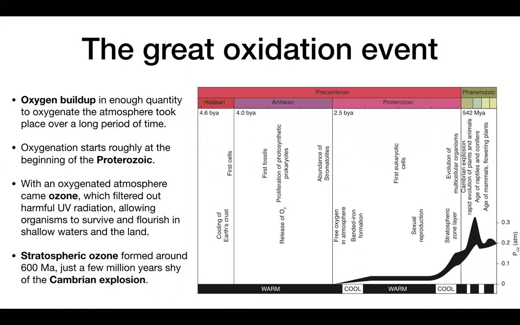Photosynthetic cyanobacteria, a type of prokaryote, dominated the world from at least 3.5 billion years ago to 1.5 billion years ago, from the Archean to the mid-Proterozoic eons. During that time, the photosynthetic process in cyanobacteria evolved to exhale oxygen as a byproduct of cell metabolism.